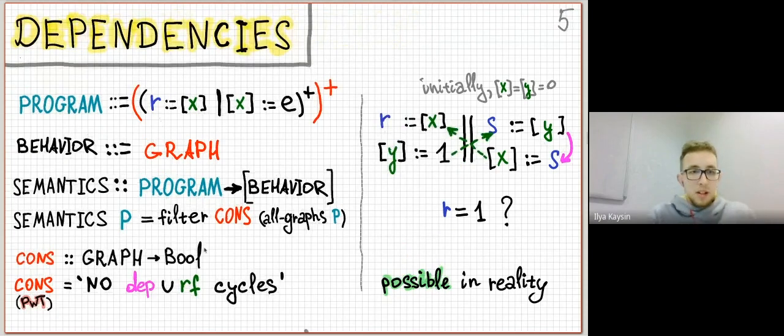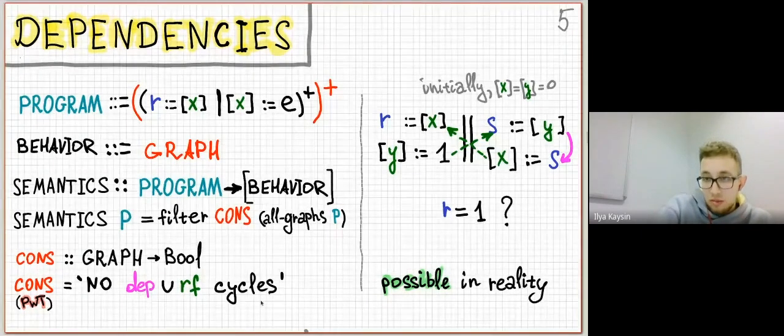So let's amend our consistency predicate a little bit. Instead of forbidding PO union RF cycles, let's forbid DEP union RF cycles, where DEP are edges representing dependencies. As soon as we forbid DEP union RF cycles, it's okay.